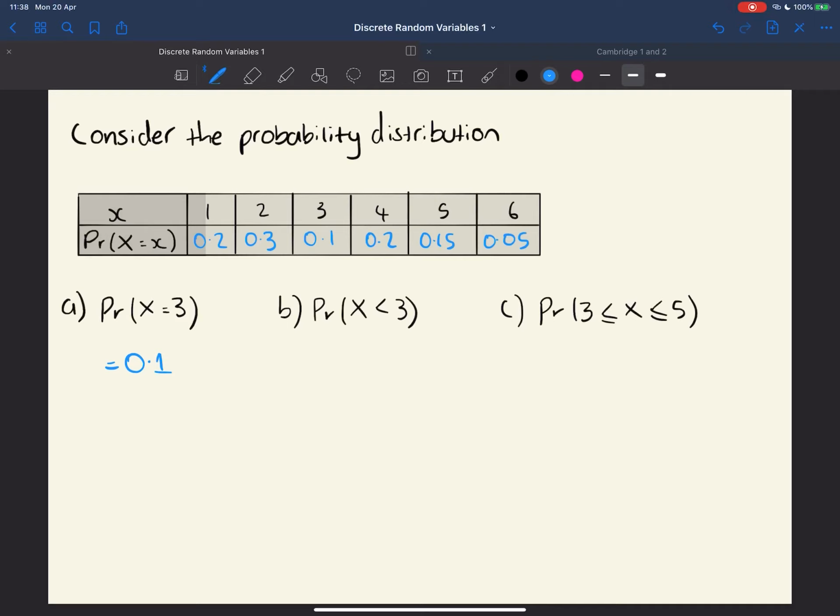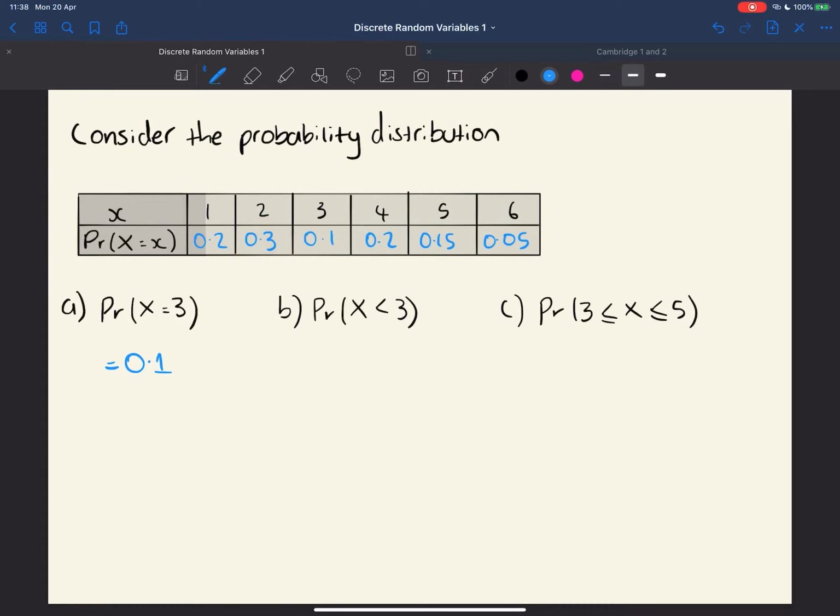Okay, next one. What's the probability that our variable would be less than 3? So 1 and 2 are less than 3. The probability of 1 is 0.2. The probability of 2 is 0.3.